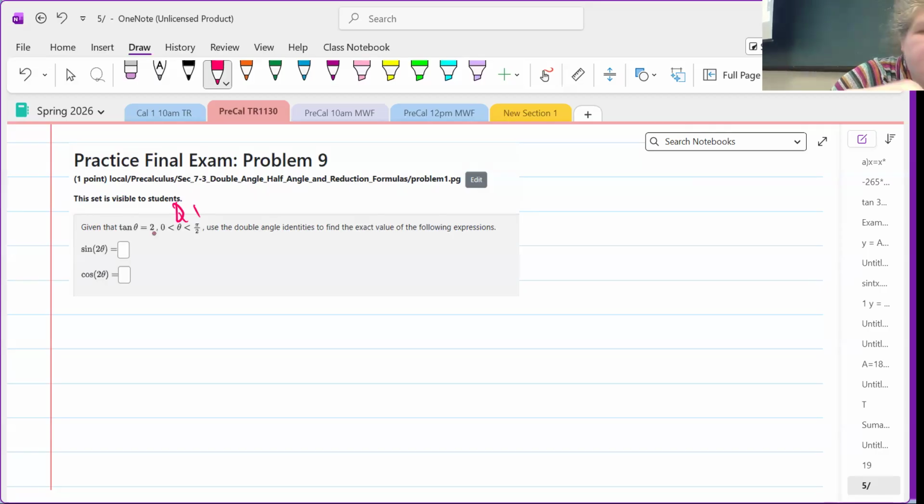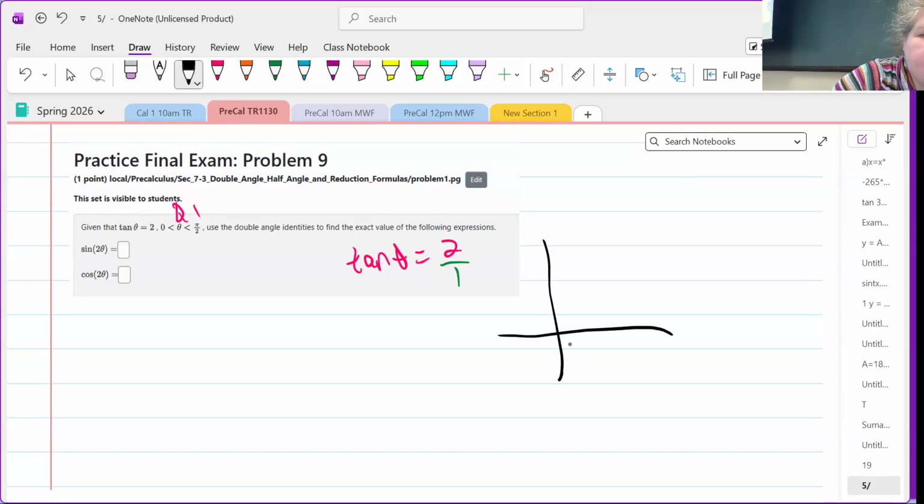So we know tangent of theta is 2. And I'm going to sneak in the over 1 there, because we're going to use this to draw a triangle. Now, since they told us we're in quadrant 1, I draw a quadrant 1 triangle. There's my theta.